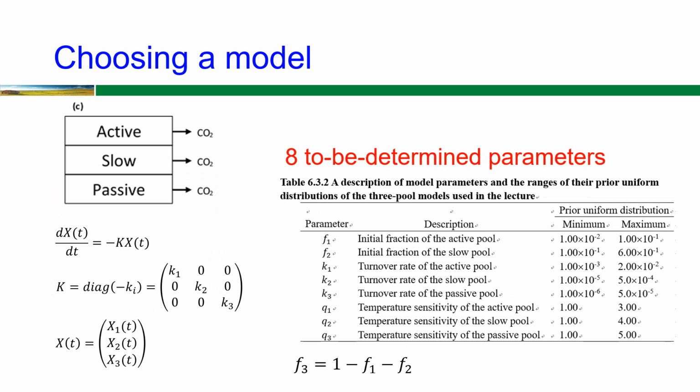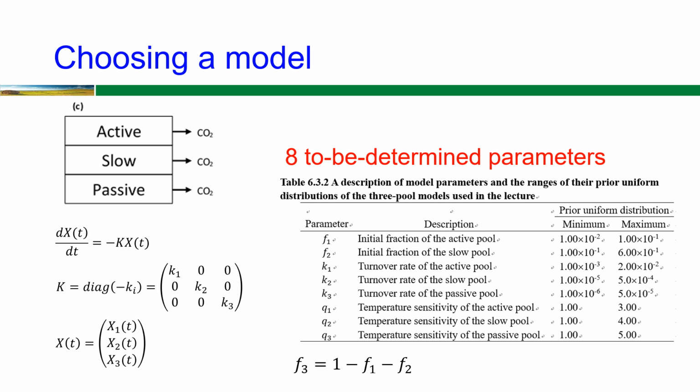Then we need to choose a model. In practice, the length of the incubation experiment is an important aspect to consider when choosing which model to use. If the length of the experiment is relatively short, for example, days to months, the one-pool or two-pool models may be appropriate.